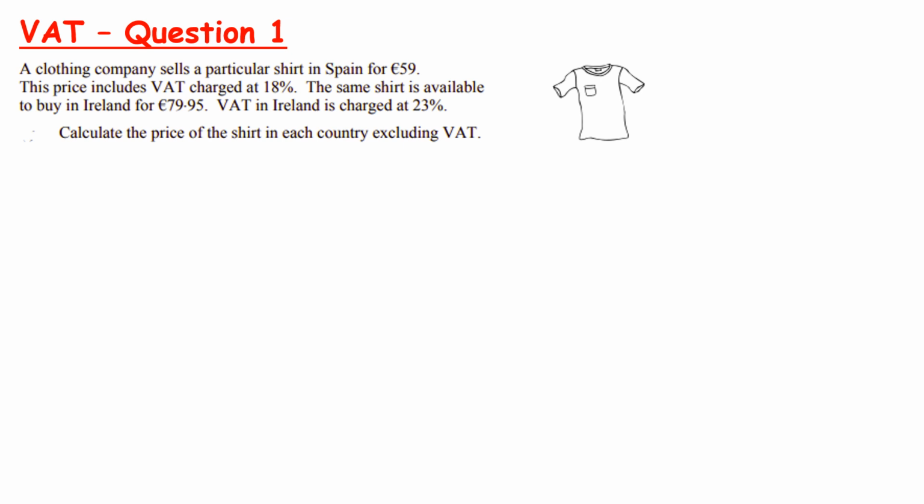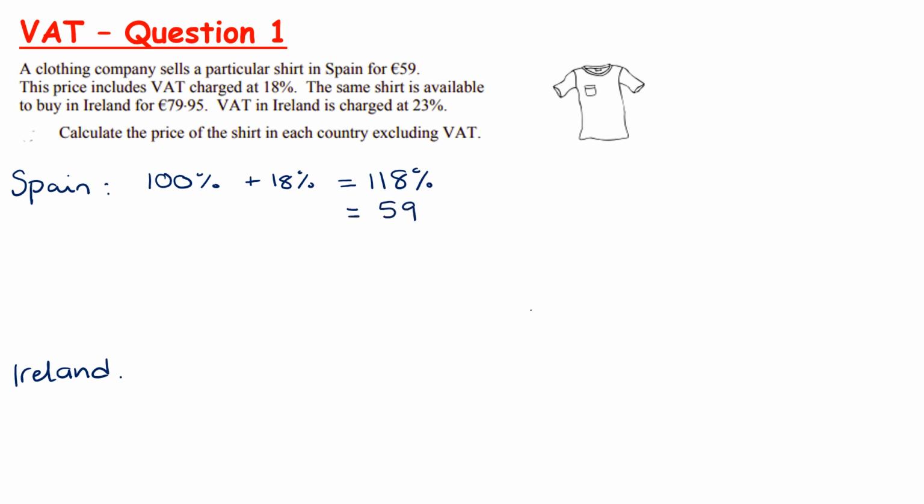So there's a lot going on with this because we have to do the question twice, once for Spain and once for Ireland. I'm going to use my shortcut. I know that in Spain, I'm going to have 100% plus my 18%, which gives me 118%. And that 118% is €59, the amount they're selling the shirt for, so it includes VAT already.